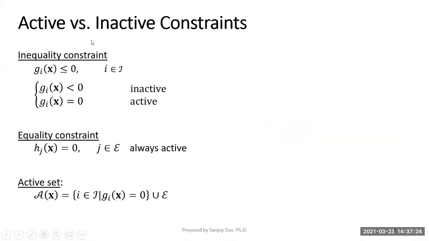Okay, now active versus inactive constraints. These are the inequality constraints, g_i less than or equal to 0. Now, for some x, g_i of x may be strictly less than 0, or g_i of x may be equal to 0. When g_i of x is strictly less than 0, then the constraint is inactive.